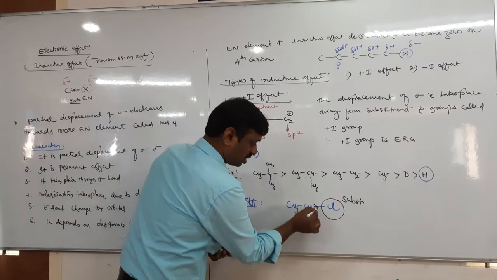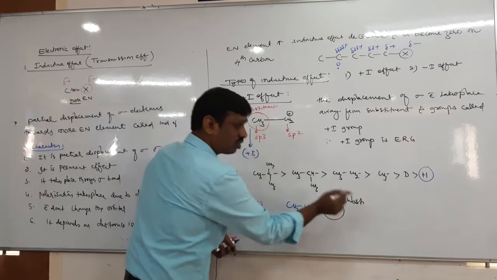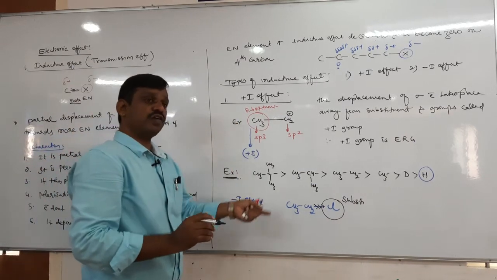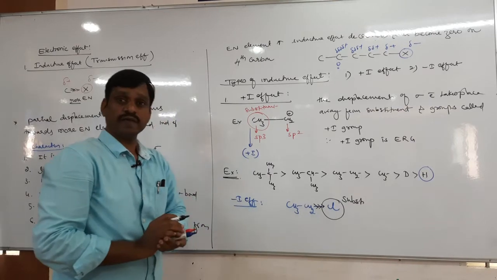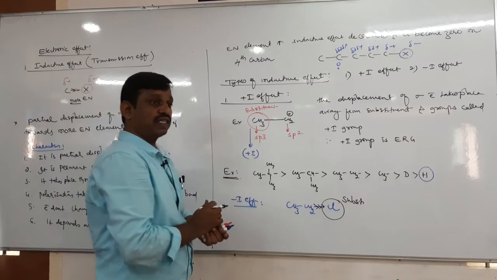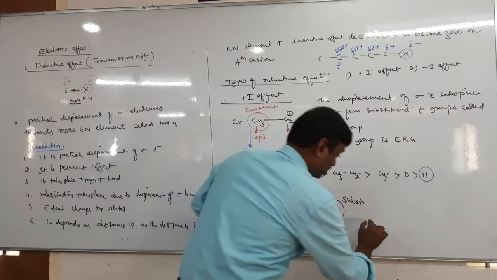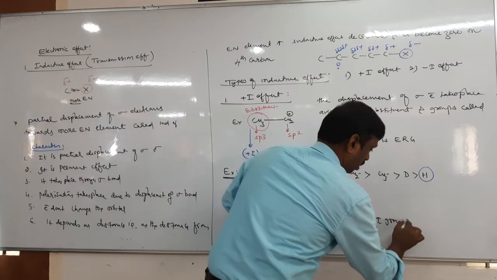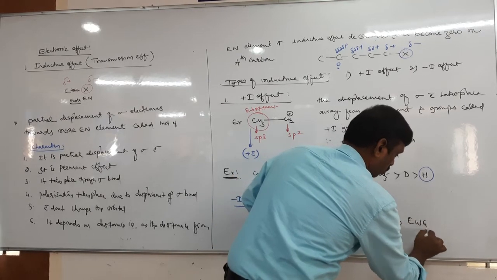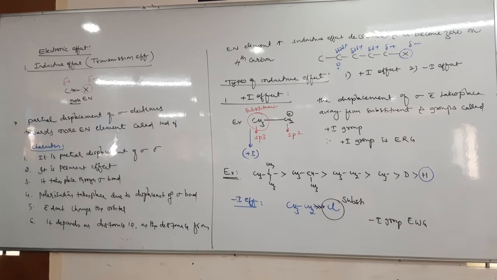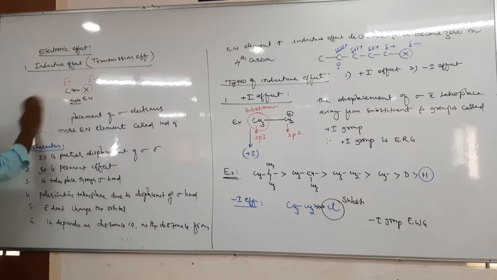Therefore there is a displacement of electron towards substituent. The displacement of electron towards the substituent is a minus I effect, and groups are called minus I groups. Therefore minus I groups are electron withdrawing groups.